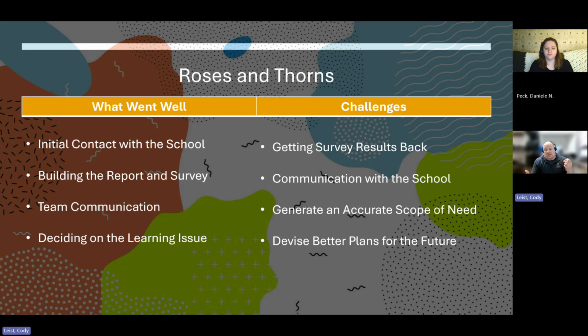Being able to go in at the second point, building a correct report and survey for the teachers to fill out and be able to provide honest and accurate feedback to help us build our level of curriculum and structure to see whether or not this is a good idea or not. We've been pretty good.